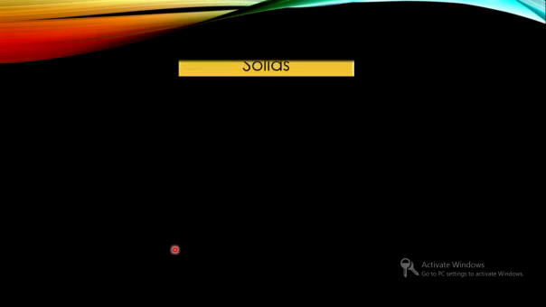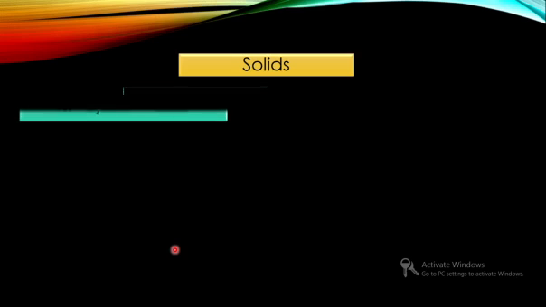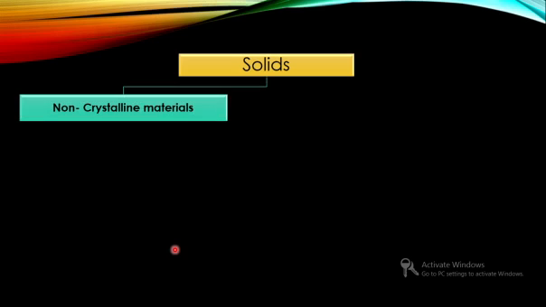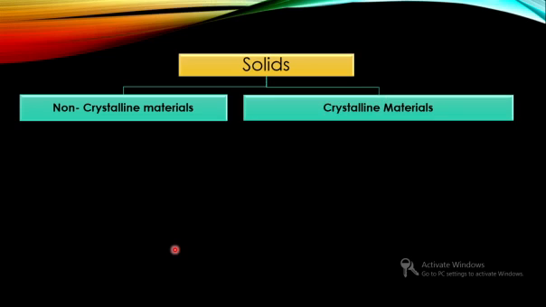So before going into the components as such, we must see what materials we can make a diode or a transistor from. Coming to solids, we know solids are those which have atoms that are closely packed. We can divide solids into non-crystalline materials and crystalline materials.